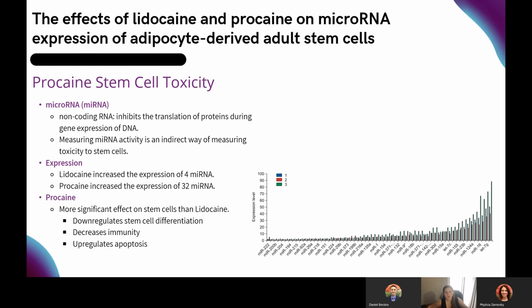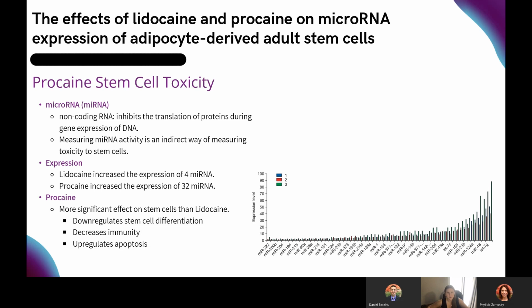Usually when you think of higher expression, you would think of that as being more of a positive thing, but in this case, it's actually a negative thing. The increase in microRNA expression results in downregulation of stem cell differentiation, decreased immunity, and increased upregulation of apoptosis.